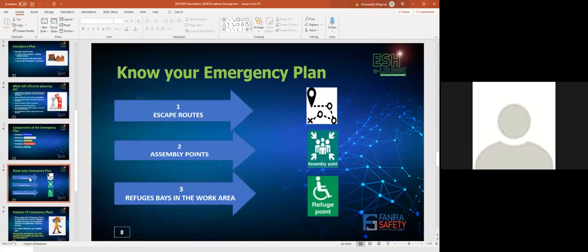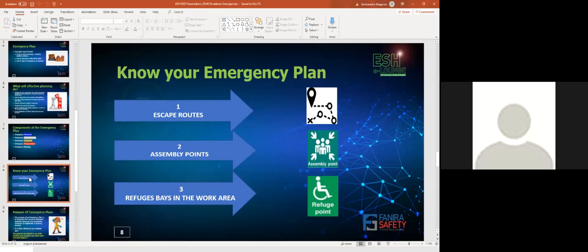And also, during shutdown emergencies, let's always ensure that everyone knows the emergency plan. On this one, I say employee involvement is very essential. Let's always ensure we involve employees.